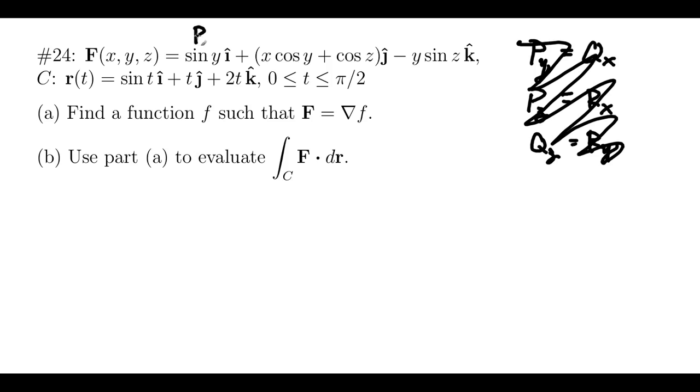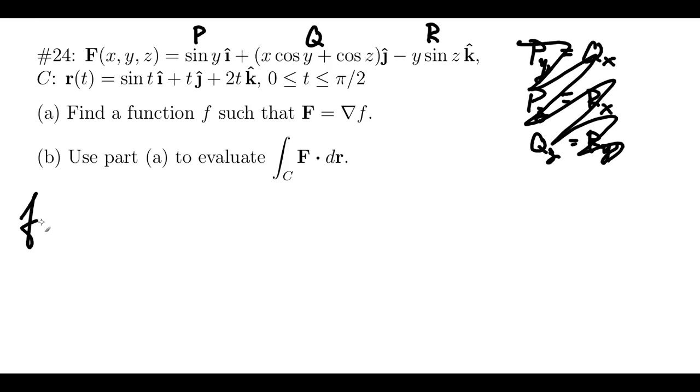It might be useful to label these clearly as being p, q, and r, so I can reference those. P, the first component of our vector field, is sine y. Q is x cosine y plus cosine z, and r is negative y sine z. So we want to find a function small f such that big F is equal to the gradient of small f.